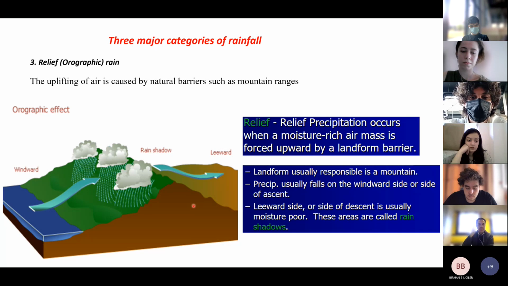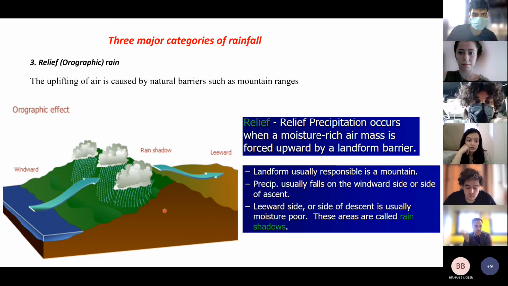It goes up. When it goes up, what will happen? In the higher atmosphere, it will experience a cold atmosphere, and then clouds will be created, and we will have rainfall. This kind of rainfall is called relief or orographic rainfall.